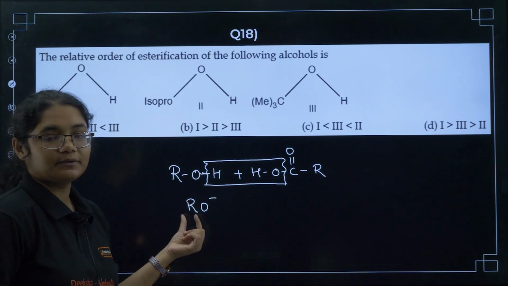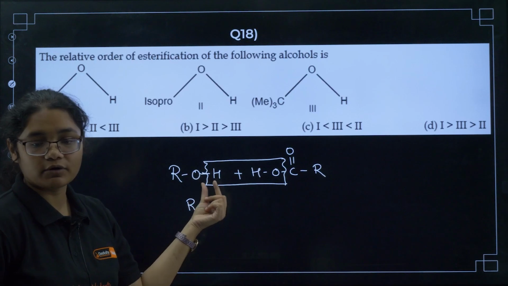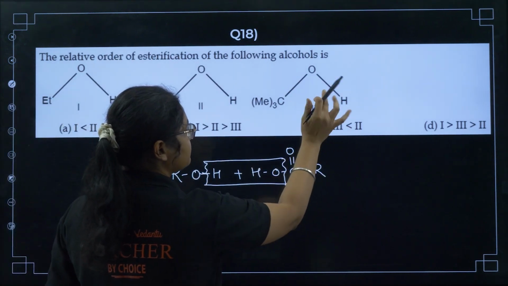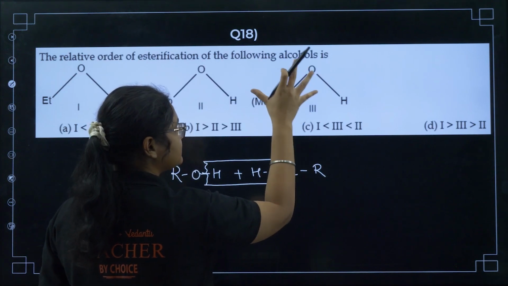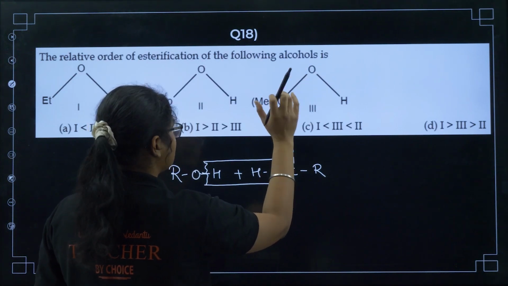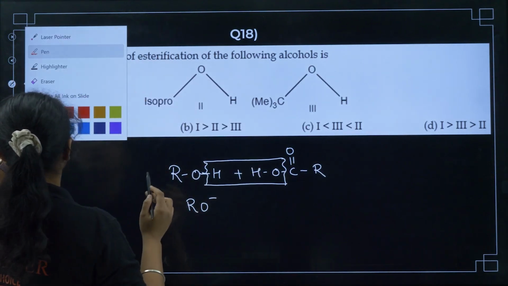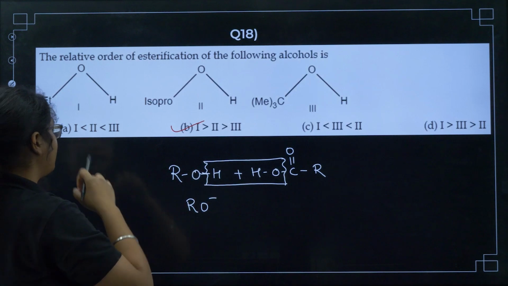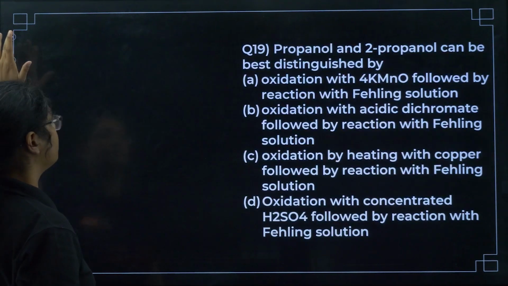So the more stable this conjugate base, the better the acidity, or the better this bond will break. If you see here, you have a tertiary group, so O minus will be highly destabilized, the conjugate base is destabilized, so here the rate will be least. Where 3 is least, we have only one option, so that is why. And you can see the others: here it is isopropyl and here it is ethyl, so ethyl will have a more stable conjugate base, so option B.